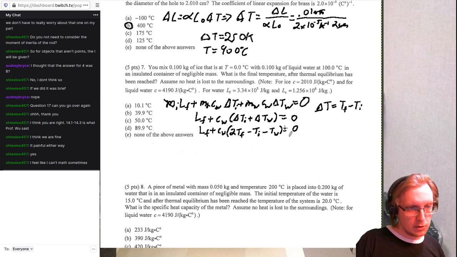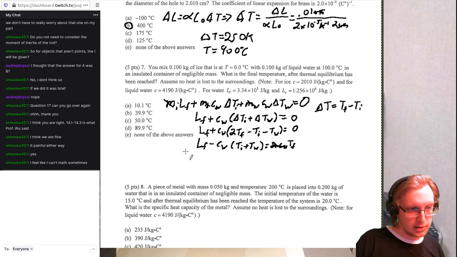Right? So let's see here. I would like this to go to the other side. LF minus CW times T ice plus T water equal to CW TF.